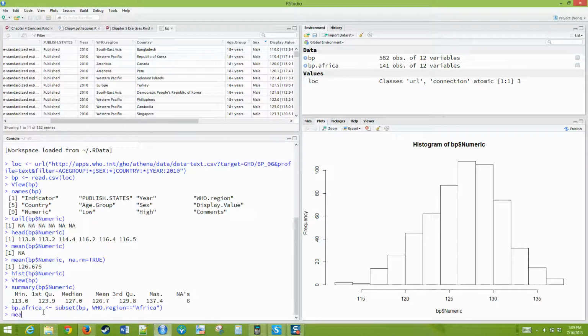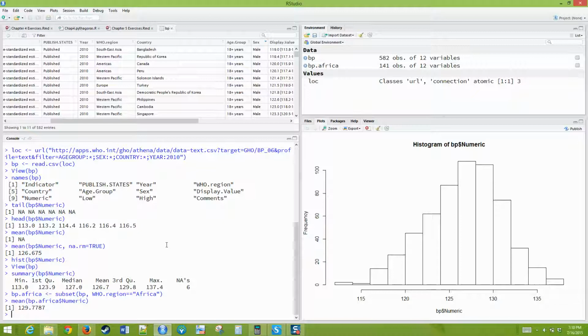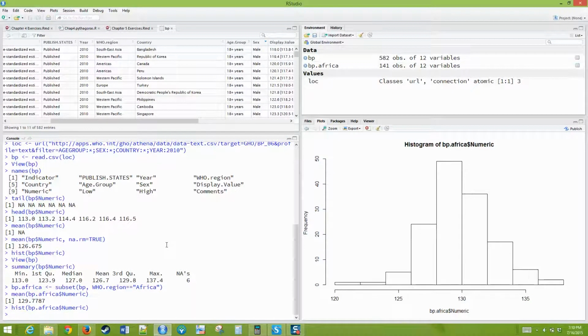Okay, and so now I can ask what is the mean of BP.Africa$numeric. Okay, and it gives me that, and I can ask for a histogram of BP.Africa$numeric. Okay.